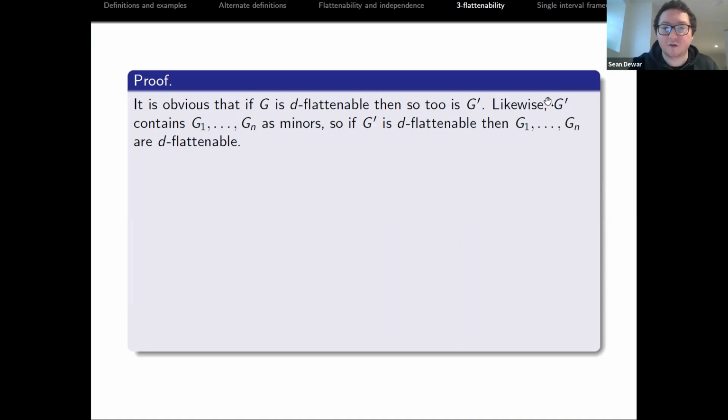So Alex's proof did 1 implies 3. It did not. It did 2 implies 3 here. So this sentence here: G prime contains these guys as minors. So I think this is the part that doesn't extend to higher cliques.